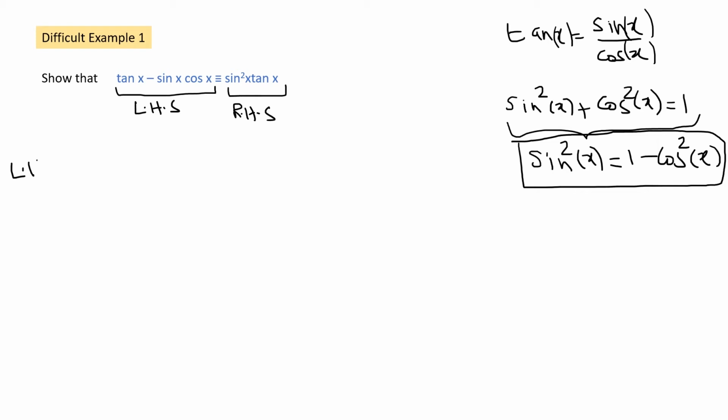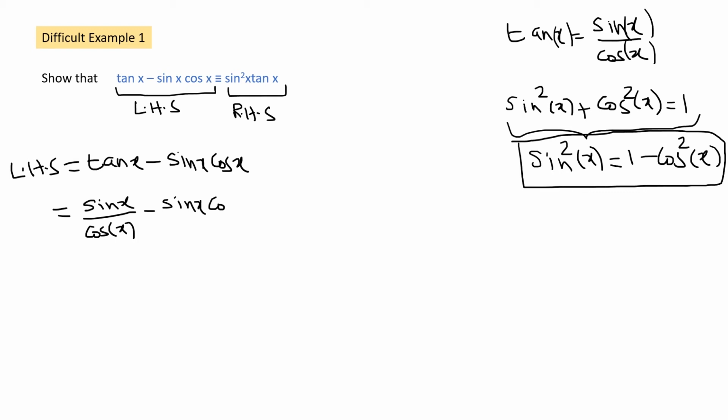So let's start from the left hand side. The left hand side says tan x minus sin x cos x. Tan x, using our first identity, is sin x over cos x, minus sin x cos x, which is divided by 1.